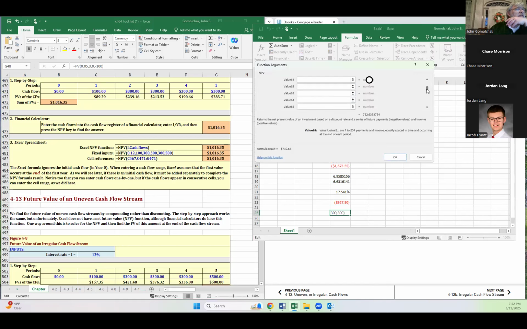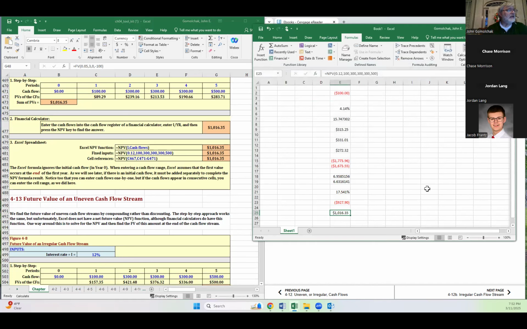Guess I went a little farther. Value 5 is 500. Hit OK. 1016.35.